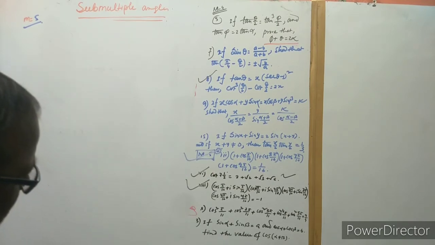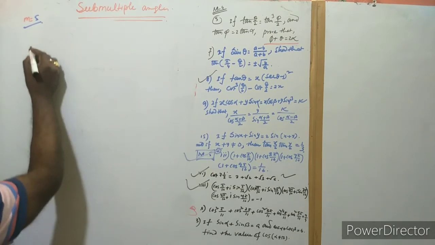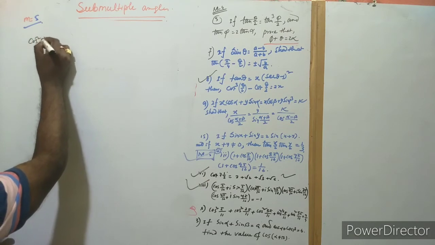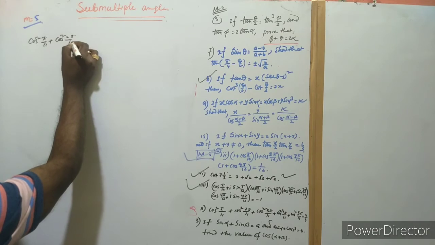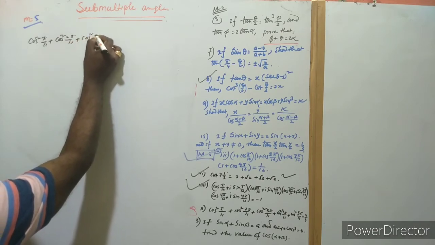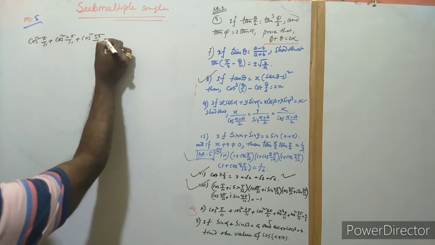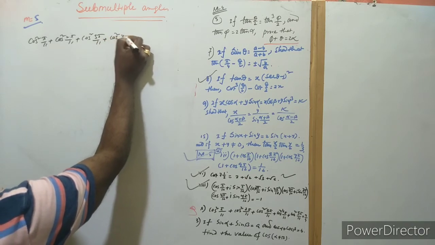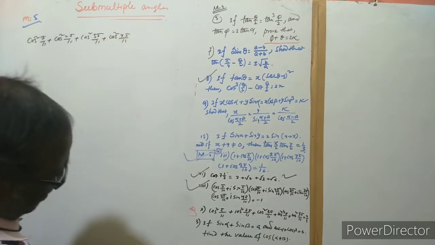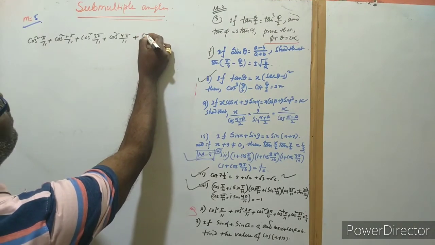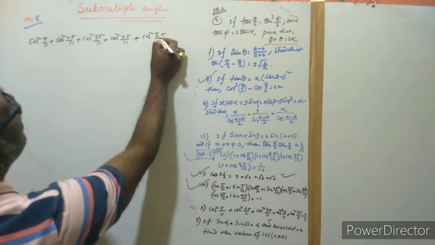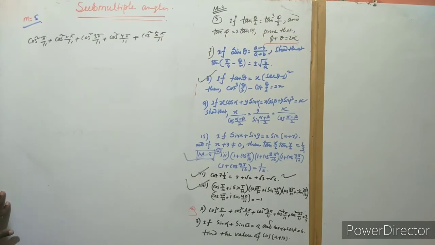See, this is cos square pi by 11, cos square 2 pi by 11, cos square 3 pi by 11, cos square 4 pi by 11, and cos square 5 pi by 11 here, and see the solution here.